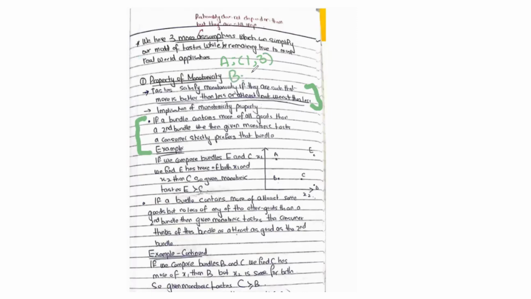Bundle B is made up of, say, 4 units of good 1 and 6 units of good 2. What the monotonicity property says is that bundle B has more of both goods than the other bundle, so if tastes are monotonic, a consumer strictly prefers the bundle which has more of all goods.